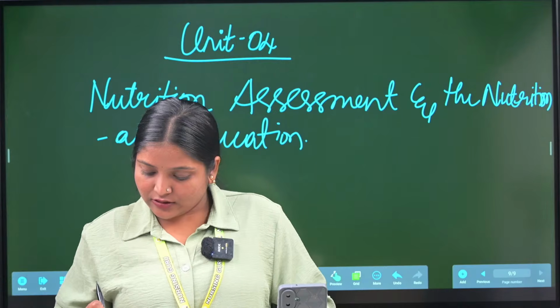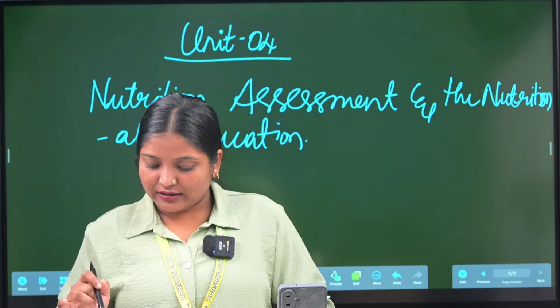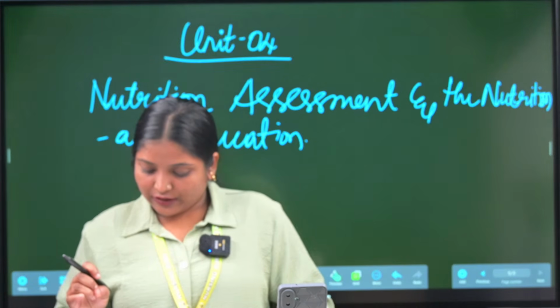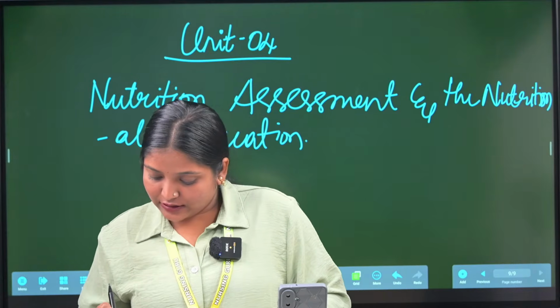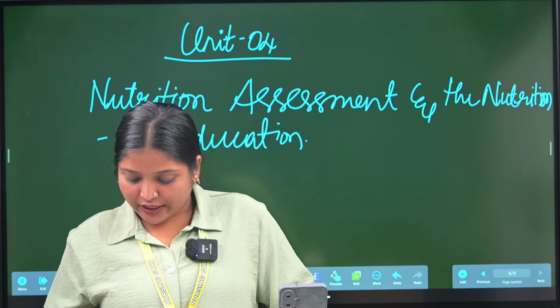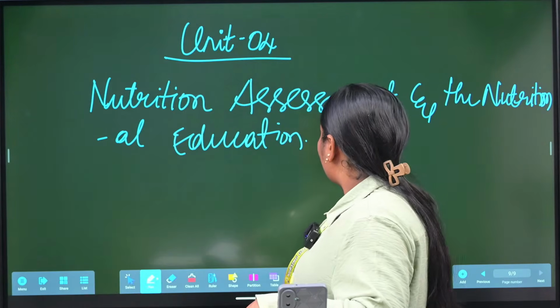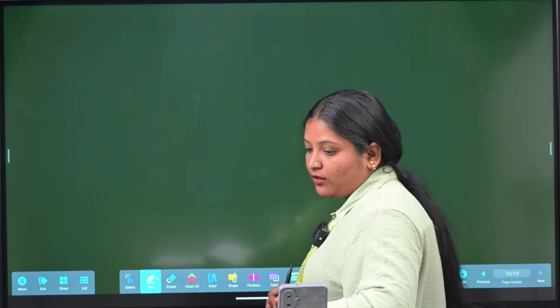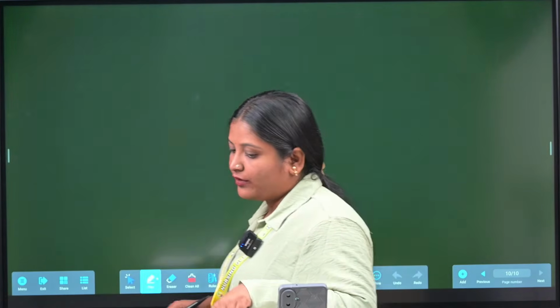Next, techniques of behavioral change, guiding principles in planning activity, steps of behavior change communication activity, then social and behavioral change communication strategies, that is SBCC. I was speaking of the 4th unit, sorry, the 5th unit: communication and management of health education.